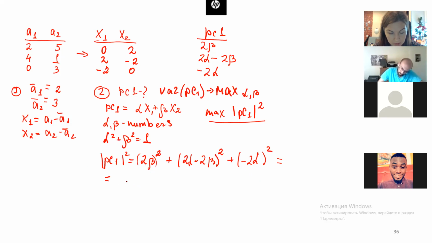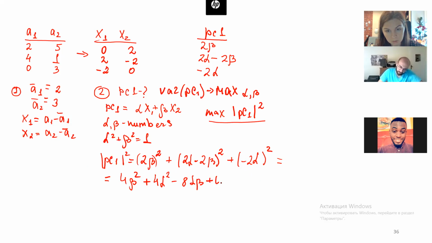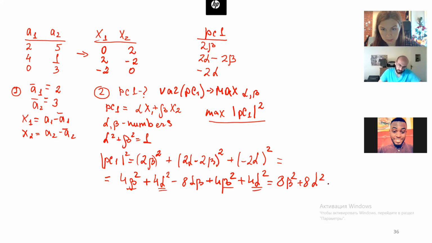I forgot brackets here. It will be 4 beta squared. We open the brackets: alpha squared minus 2 alpha beta plus 4 beta squared plus 4 alpha squared. We have beta squared, alpha squared, and it will be equal to 8 beta squared plus 8 alpha squared minus 8 alpha beta.